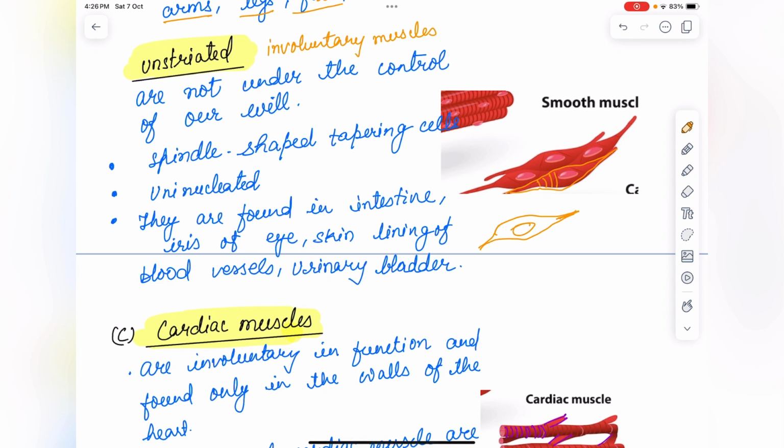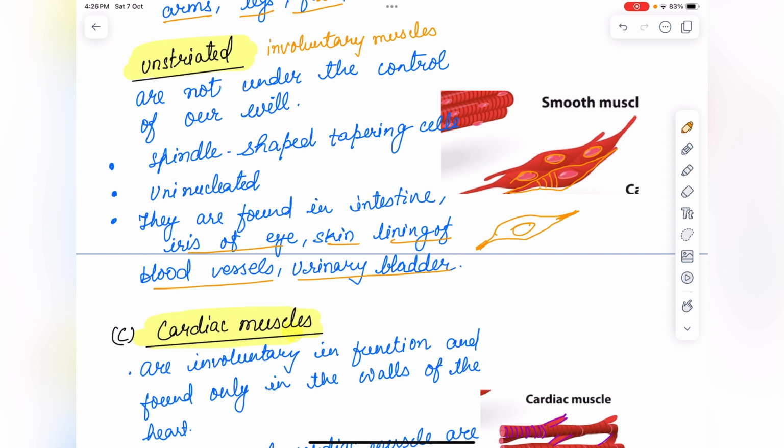See, it is tapering from both the sides. Tapering means मुड़ा हुआ होता है at the end, and it is uninucleated. Single nucleus will be present. They are found in intestine, iris of eye, skin, lining of blood vessels, urinary bladder, etc. All these parts it is present.